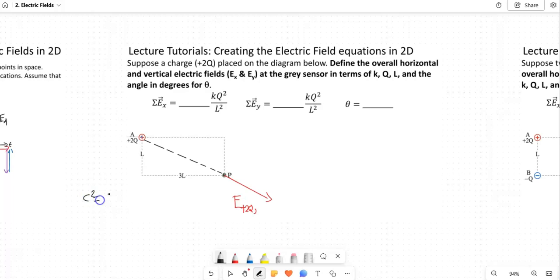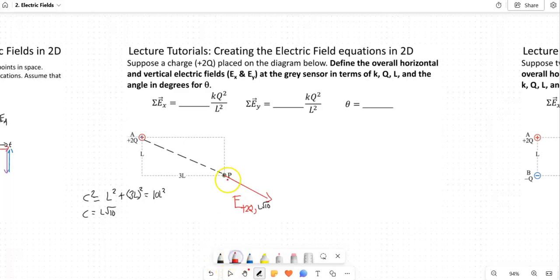So c squared is going to be equal to l squared plus 3l that we're going to square. That's 9, so that's going to be 10l squared. So c is going to be equal to l square root of 10. So this distance is L square root of 10.